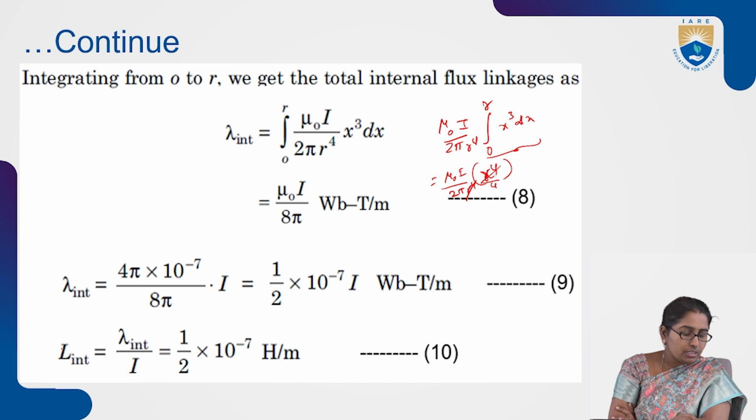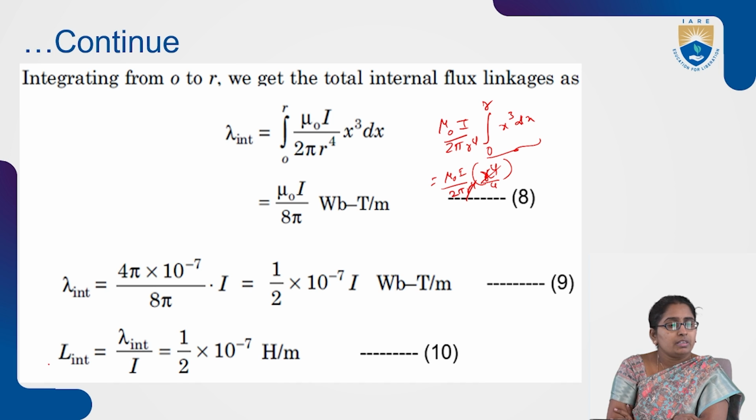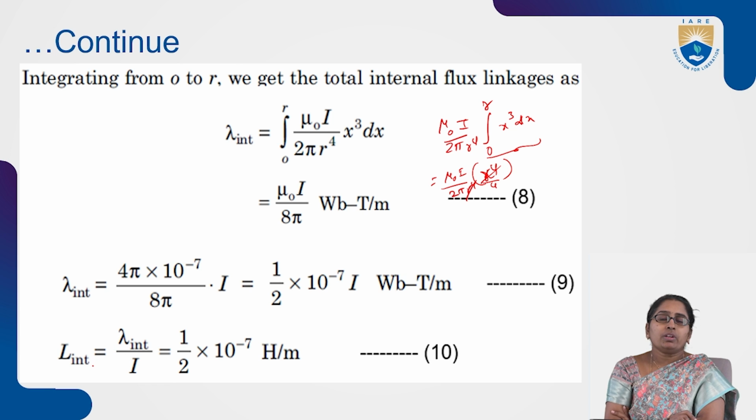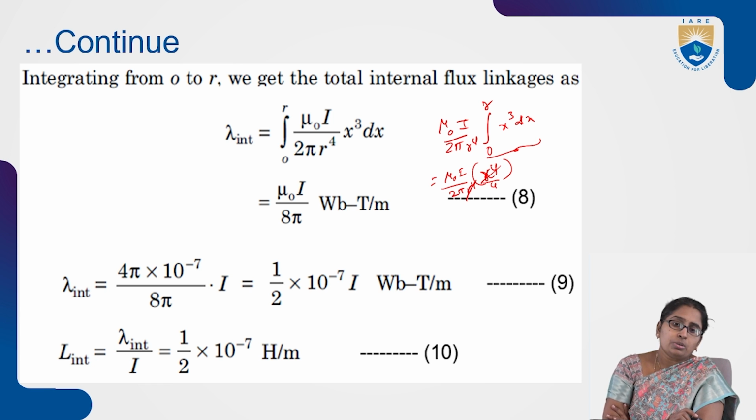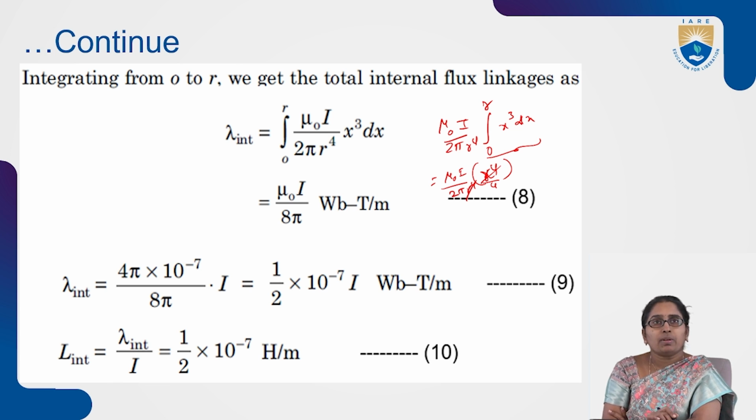If we were interested in internal inductance... actually this is not required here, because we want the expression for inductance with respect to a single phase transmission line, which is the sum of the internal flux linkages and external flux linkages.